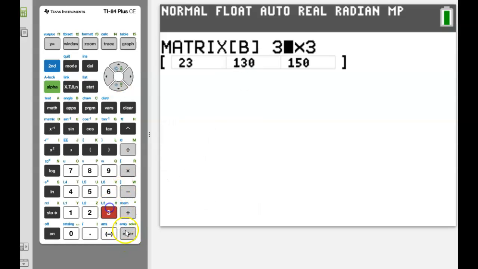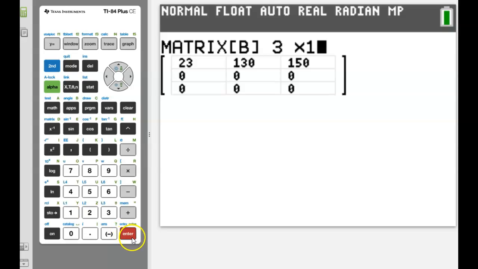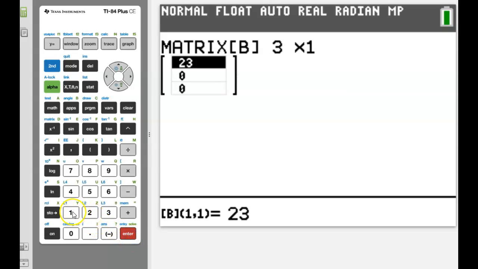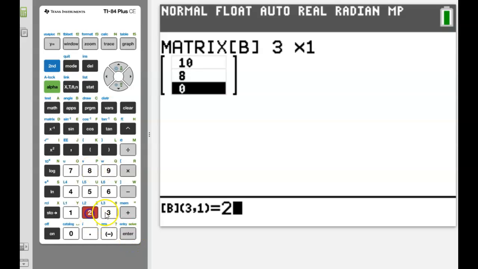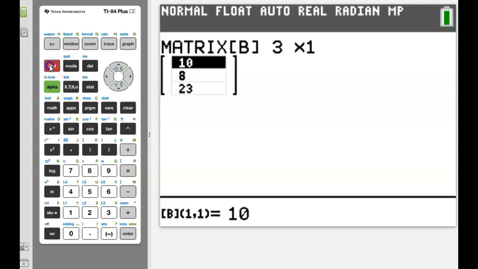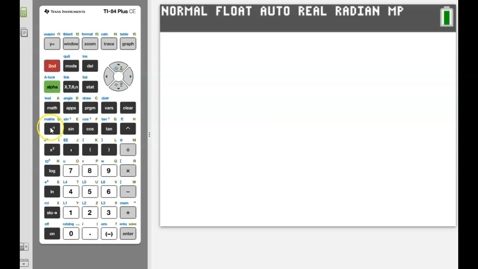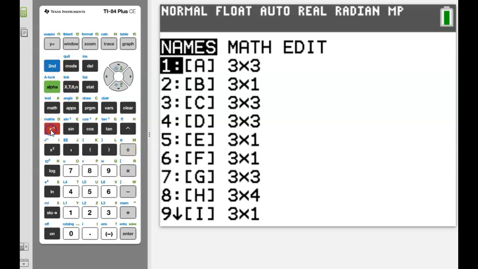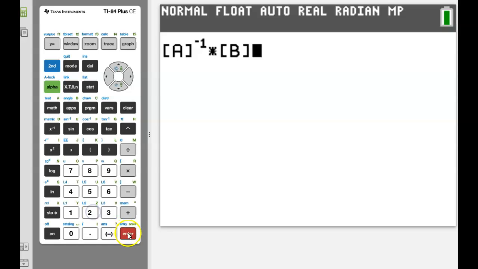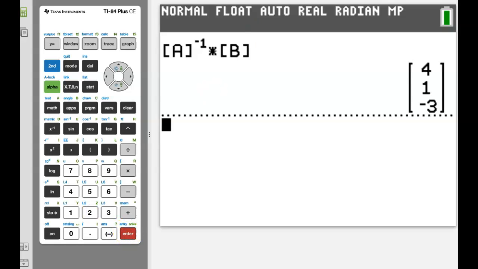A 3 by 1. Can anybody remind me what it said? 10, 8, and 23? So then on the home screen, I have to put the name of matrix A, hit the inverse button, and then times the name of matrix B. A few people forgot the inverse button, I think, and got this one wrong. 4, 1, negative 3.